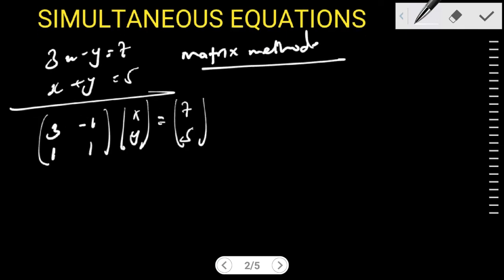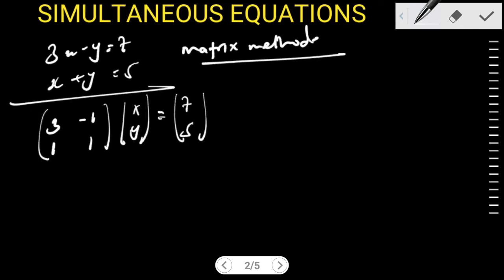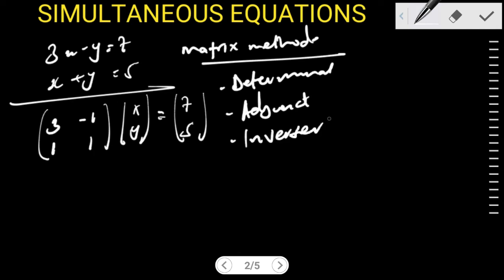Now, having arranged them like that, there are steps involved here. We have to get the determinant. After getting the determinant, we have to get the adjunct. Having got the adjunct, we also have to get the inverse. And then afterwards, we are good to go.